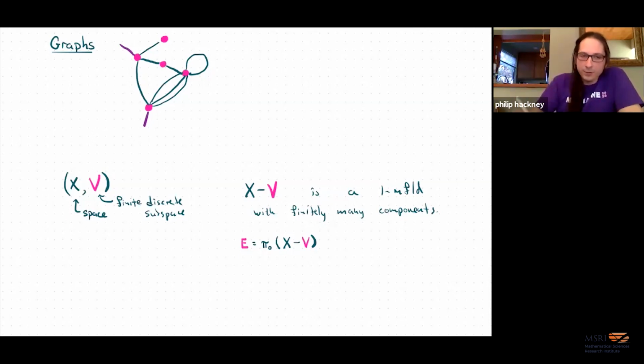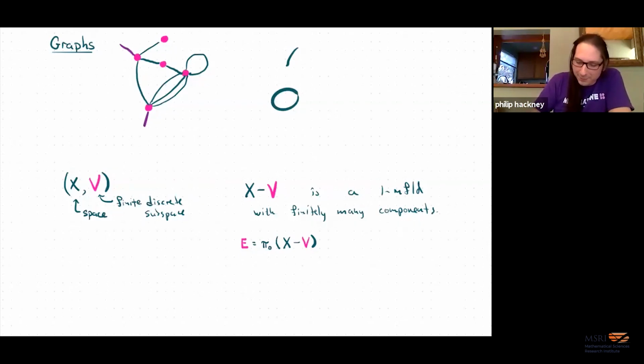This would include things like just this free living edge with no vertices at all. I'd also like to include things like a circle.